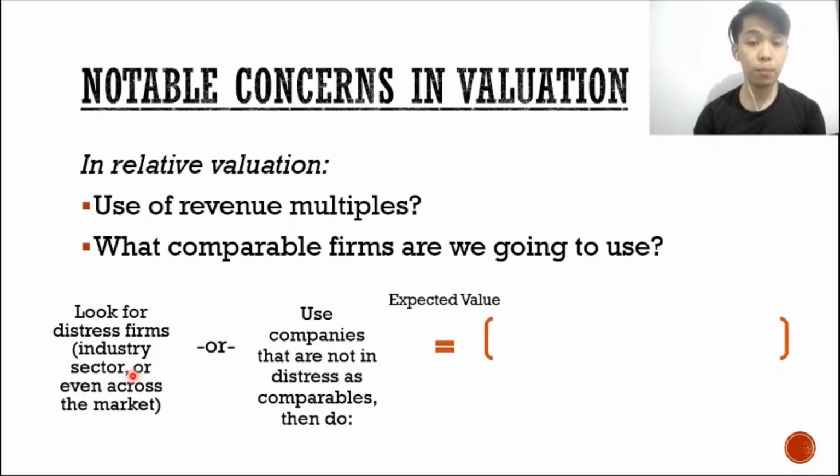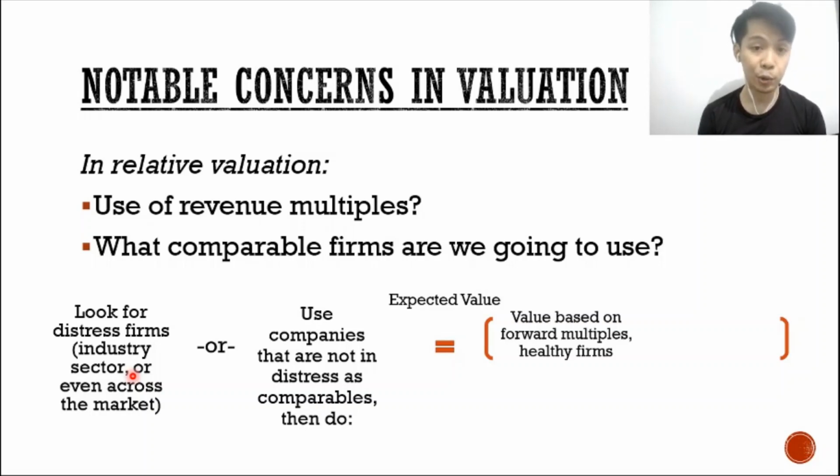We are going to put the value based on forward multiples of the healthy firms as a substitute for the going concern value. Again, we are going to use the value that we calculated based on forward multiples for healthy firms, those that are not in distress. We have discussed how to use forward multiples in one of our previous videos. Make sure that you know how to use it.